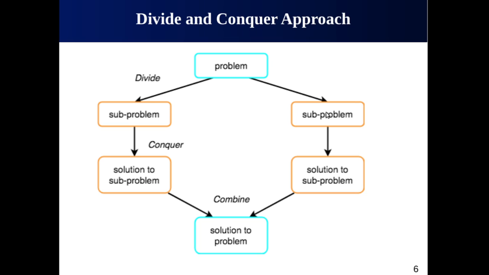Remember, we have to divide the problem in such a way that both subproblems contain almost equal elements, or the sizes of the two subproblems must be equal. So we have divided the given problem into two subproblems. That is the first step.